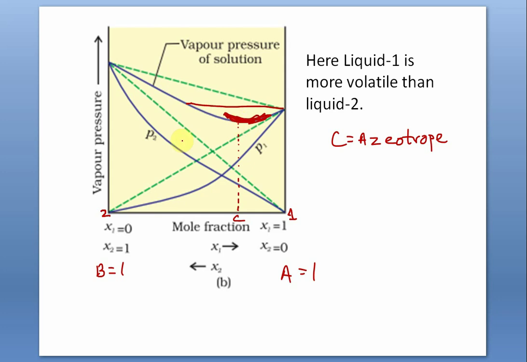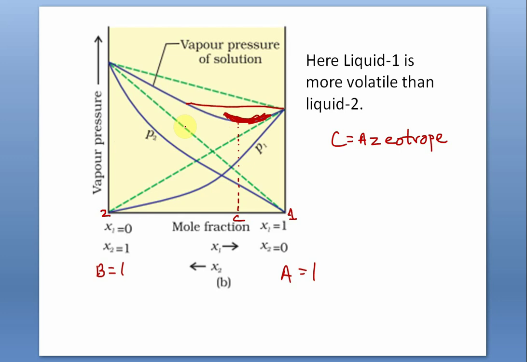As a result, the boiling point will be much higher. More is the vapor pressure, less is the boiling point. That will be found in positive deviation. But here less is the vapor pressure, more is the boiling point, as we shall discuss in the boiling point graphs for both positive and negative deviation after a bit.